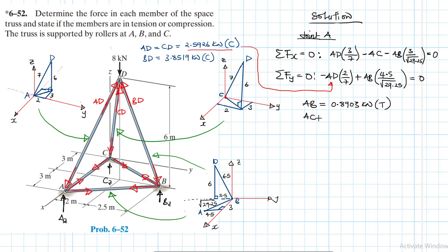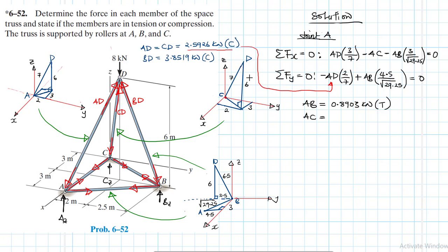So therefore our AC, since we know what AB is and AD, we can go ahead and find what AC is. So we have 3 divided by root of 29.25, there we go, times AB, which is 0.8903. Okay, this is a negative.